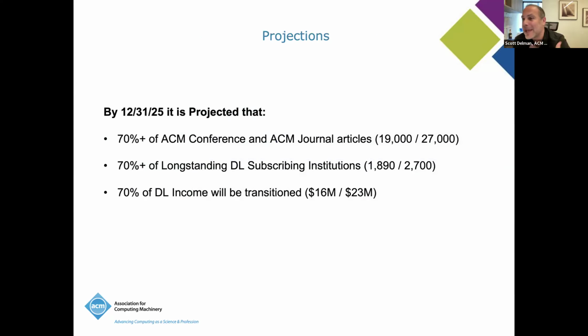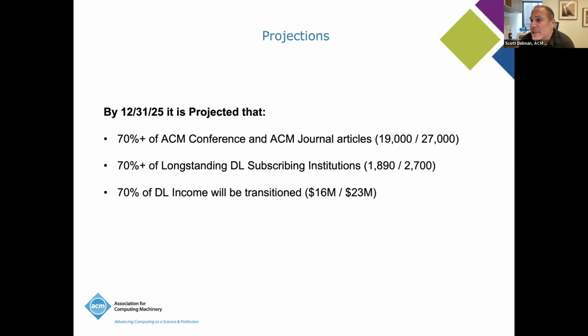So that's something every year the data is getting better, systems are getting better, the metadata is getting better. We expect by the end of next year that about 70% of the articles that we publish every year are going to be covered by ACM Open licenses. We're at about 55%. And there are a number of large national deals that we're working on that will push us from 55% over 60%.